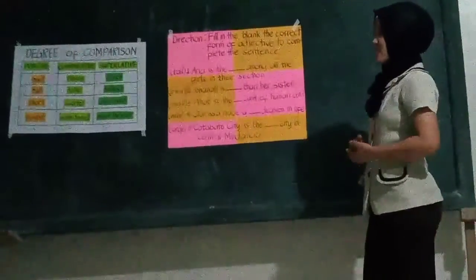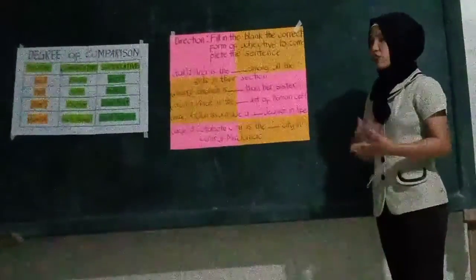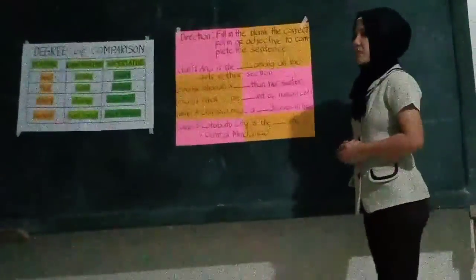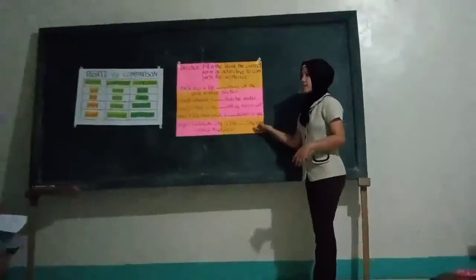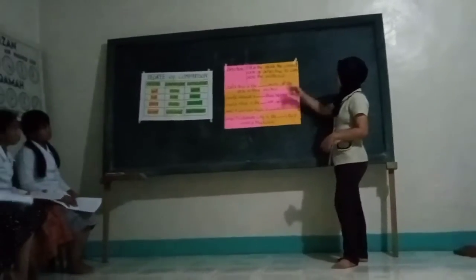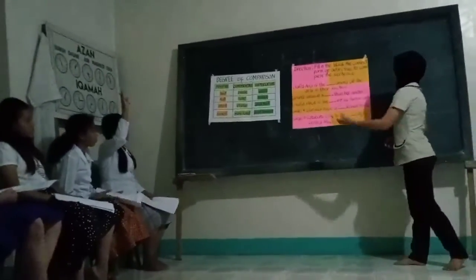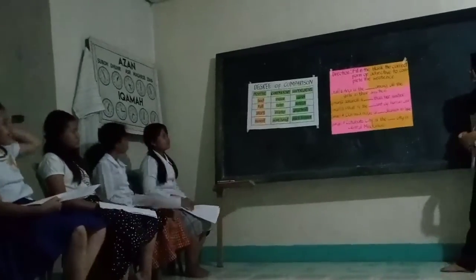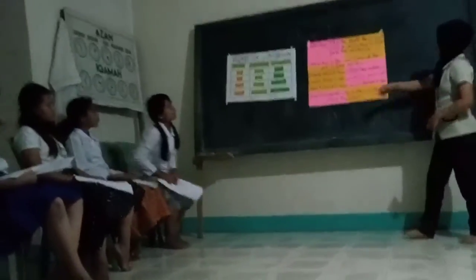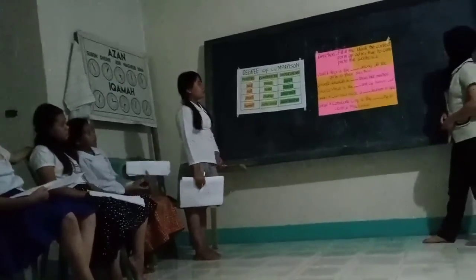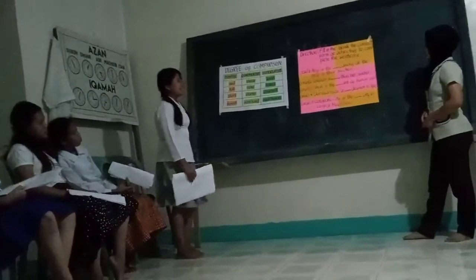So now, since you understand our lesson, let's test your comprehension. So we have here the activity, and who wants to volunteer to read the direction? Okay, Sadria, please read the direction. Fill in the blank the correct form of adjective to complete the sentence.